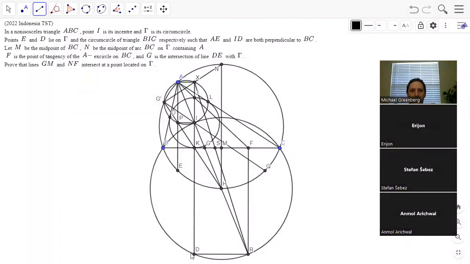xi over xd is ai over ar, right? So we want to show ai over ar is equal to ik over kd. Because we have so much similar stuff.